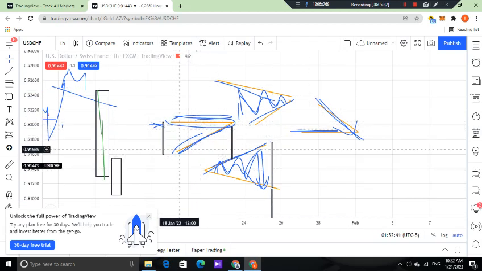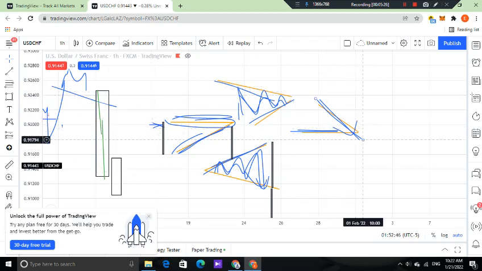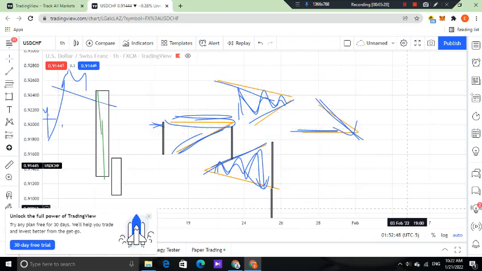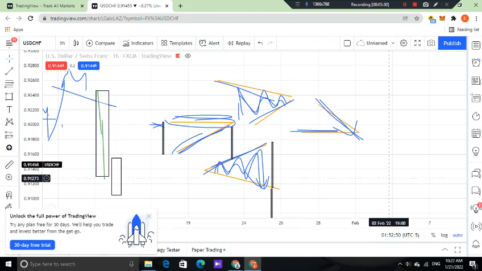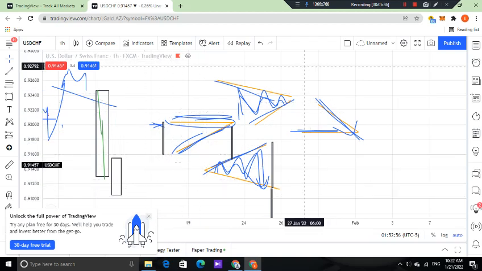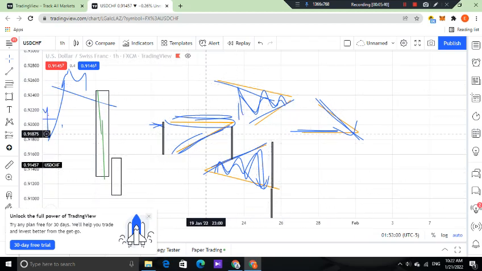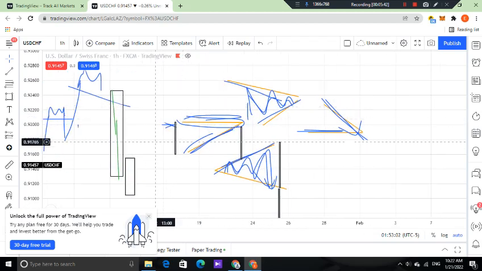But in this triangle, which we call descending, it's like a plane landing and descending, and this one is ascending like a plane wanting to take off. It's ascending, and the chance of breakout is in favor of bulls.